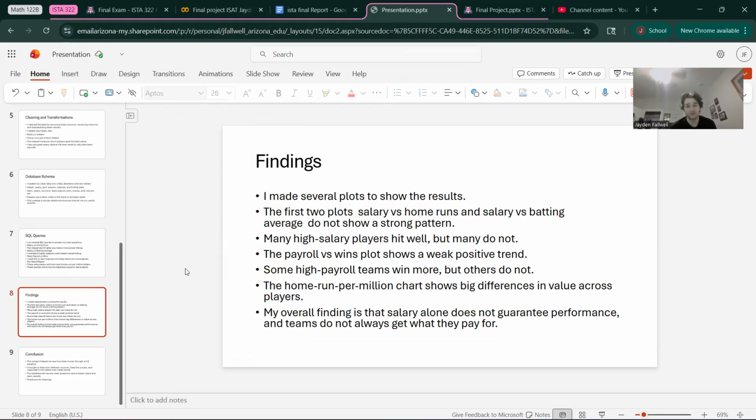The home runs per million chart showed a big difference in value among players. The first column skyrocketed because a lot of players are making the league minimum. And if there's a lot of them and one hits a home run, another one does, it will skew the data to the right.